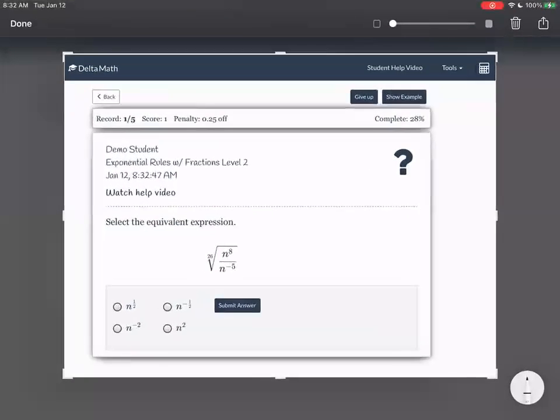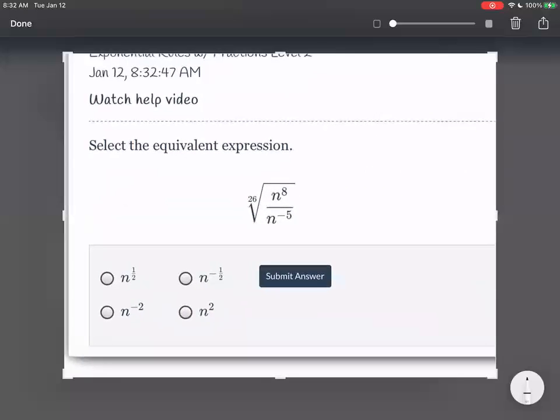Select the equivalent expression. Okay, so it's kind of like going the other way. Let's first deal with the inside, this part. So we have the 26th root of n to the power of 8 divided by n to the power of -5. Remember that you can subtract top minus bottom exponents.